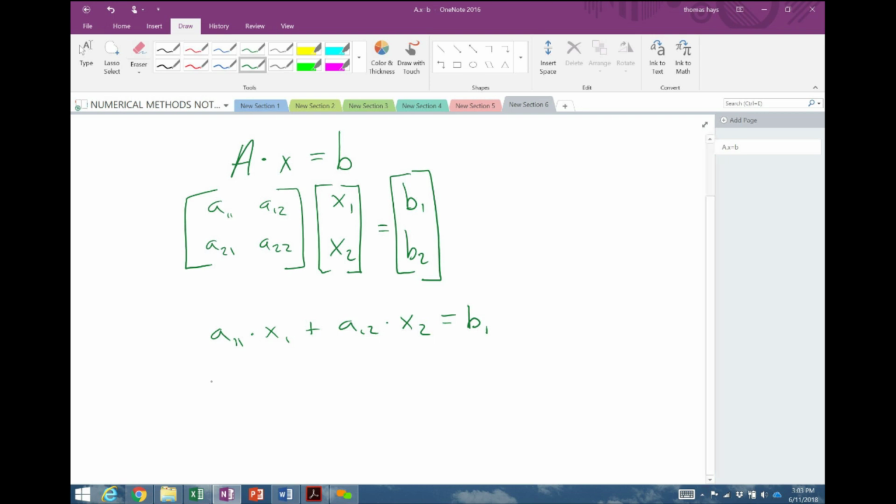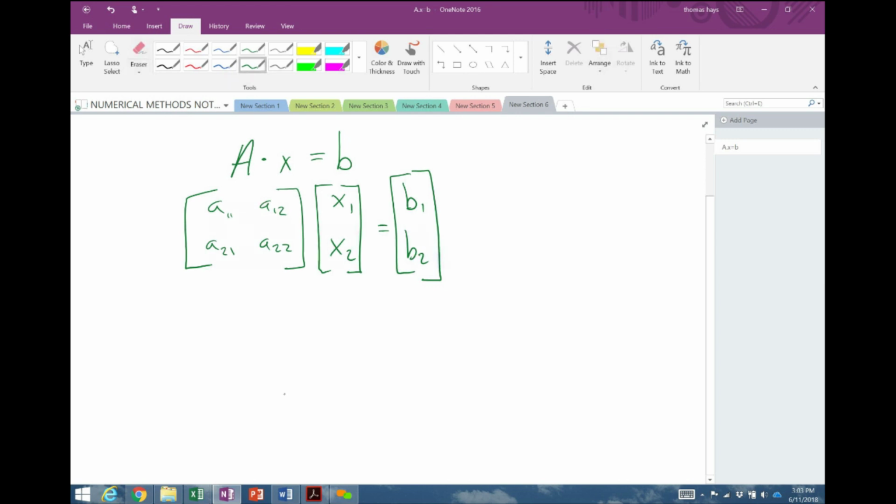Second equation here would be A21 times X1 plus A22 times X2 equals B2. So that is the linear system of equations we are seeing represented in that 2 by 2 matrix system of equations.